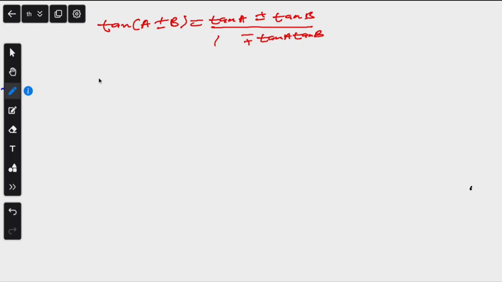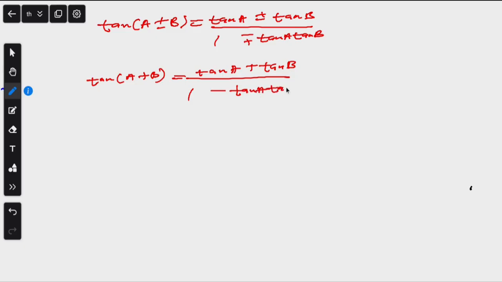The first one is for positive, tan (A plus B). I've started with a plus. So what are we going to have? We're going to have tan A, then here on top we're going to say plus tan B, then minus. What sign are we having on top? We're having a minus. So tan A tan B. So this is the first identity for tan.